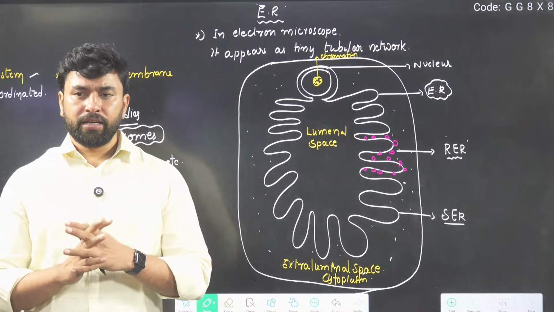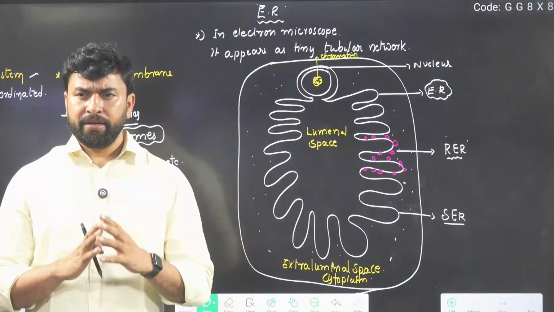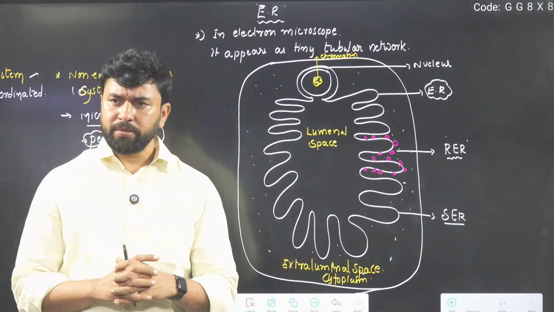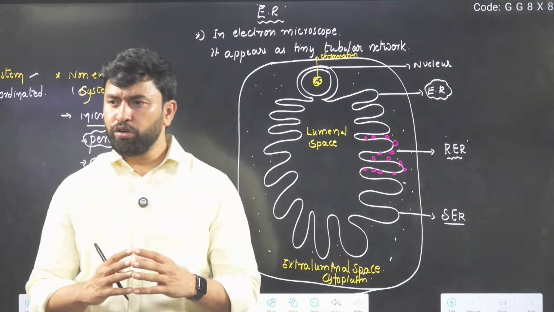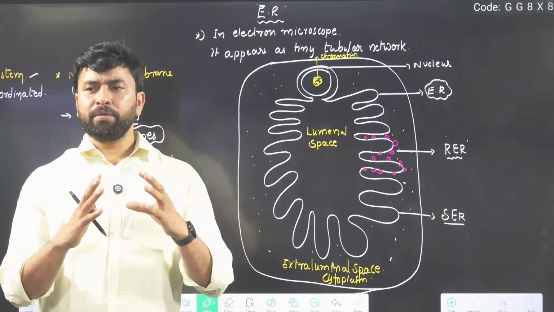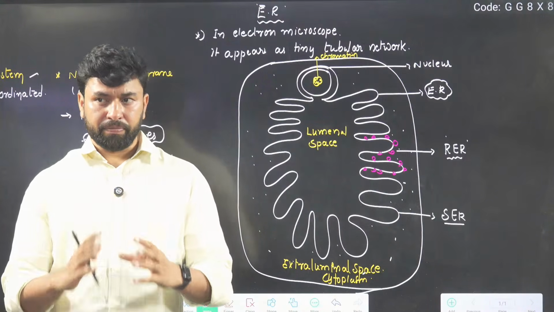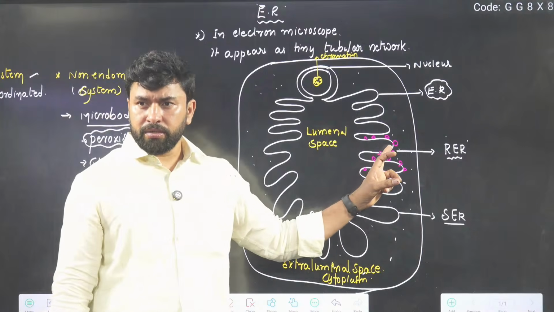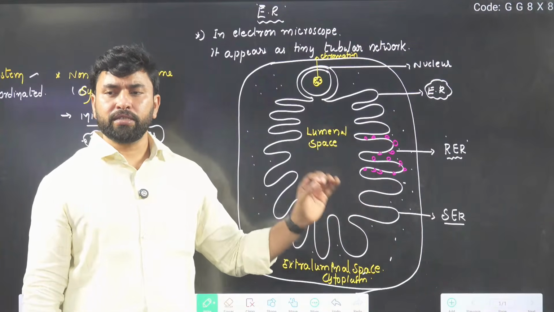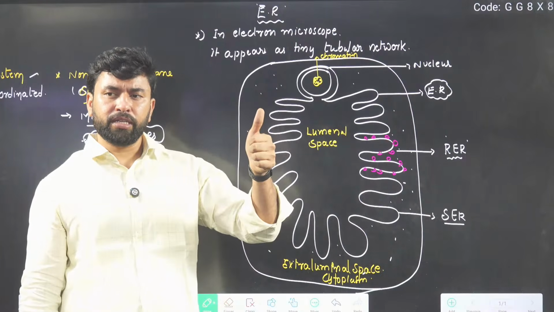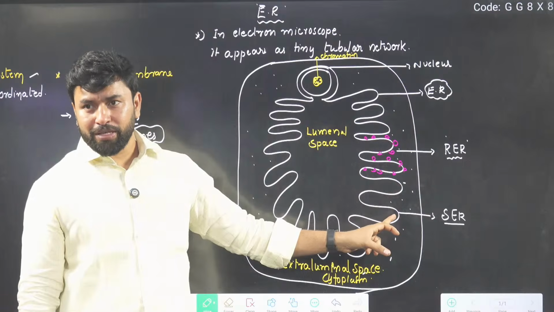RER and SER are not present very distinctively. I have divided the endoplasmic reticulum into two parts, smooth and rough, only by the presence and absence of ribosomes on the top of them. If ribosomes are present, rough endoplasmic reticulum. If ribosomes are absent, you can call it smooth endoplasmic reticulum. Getting the statement? That's the reason why we have two types of endoplasmic reticulum.